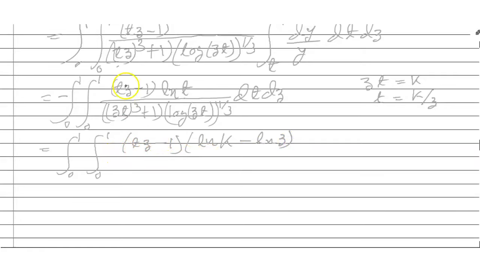And tz can be written k minus 1 into k cube plus 1 into log k to the power 1/3 into dk into dz by z.